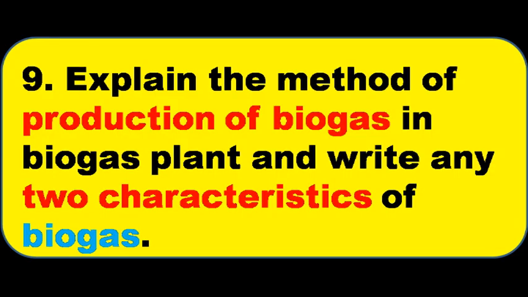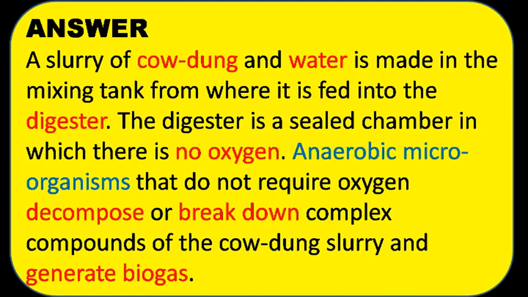Explain the method of production of biogas in a biogas plant and write any two characteristics of biogas. A slurry of cow dung and water is made in the mixing tank from where it is fed into the digester. The digester is a sealed chamber in which there is no oxygen.